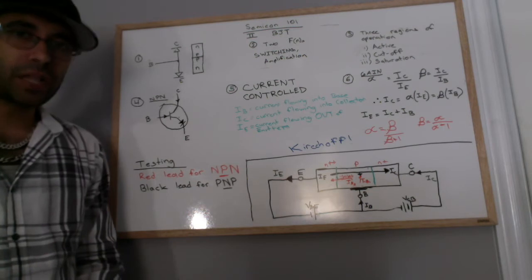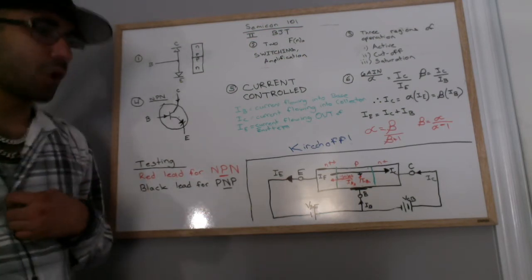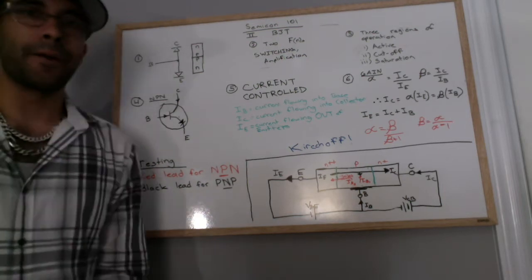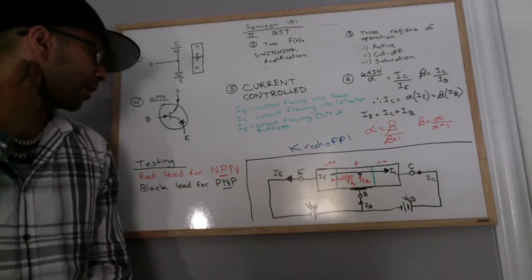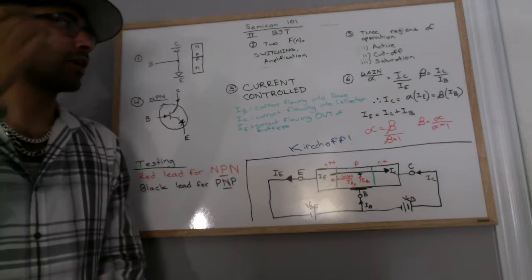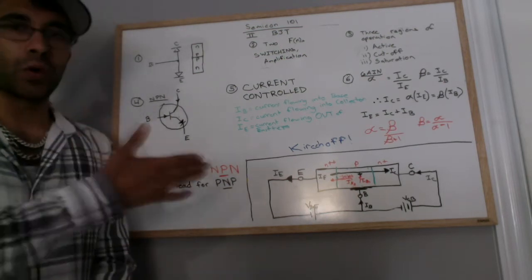Once you put the red lead on the base and measure in diode checking mode, on the other two legs you should get about 0.7. Again, as I explained yesterday, 0.7 always for silicon on both ends.